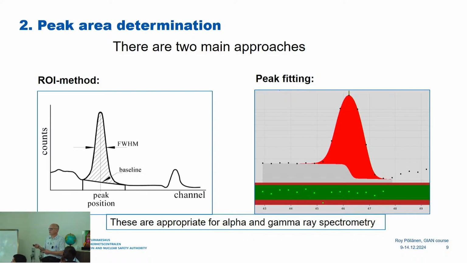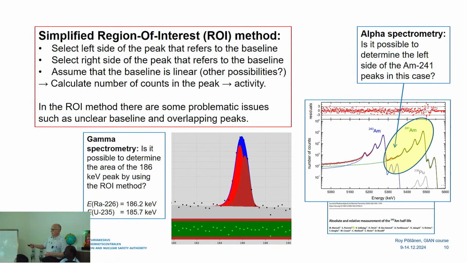In general, this ROI method is okay if you have individual peaks. But peaks like this 186 peak, there is either or both uranium-235 and radium-226.